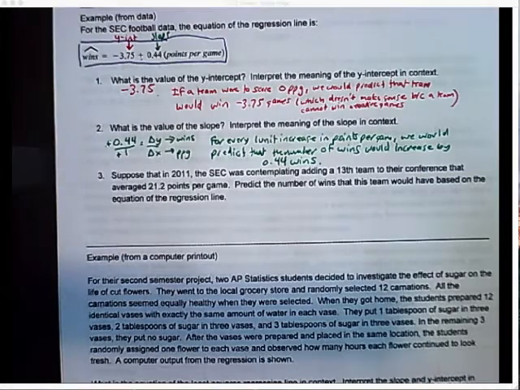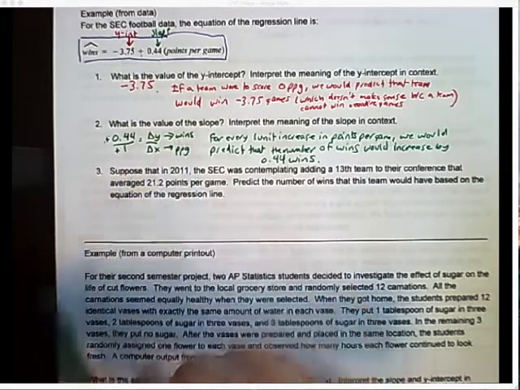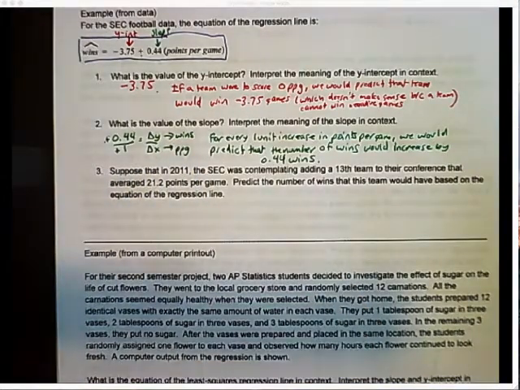So that's almost 0.5. So basically, if this went up by 2, this would almost go up by a whole win. Okay.